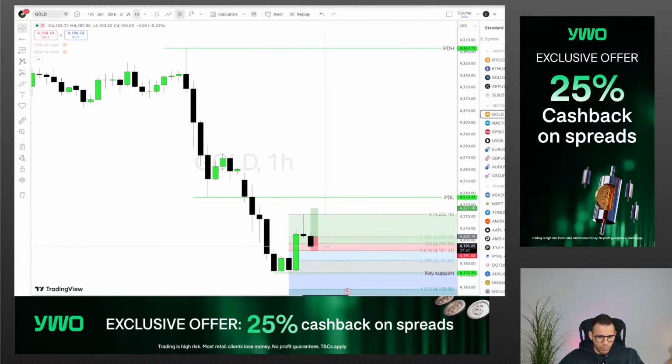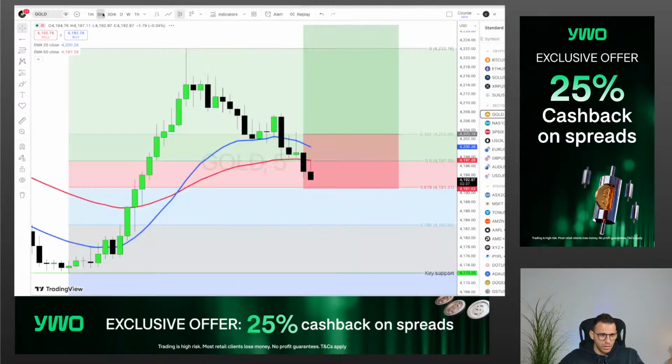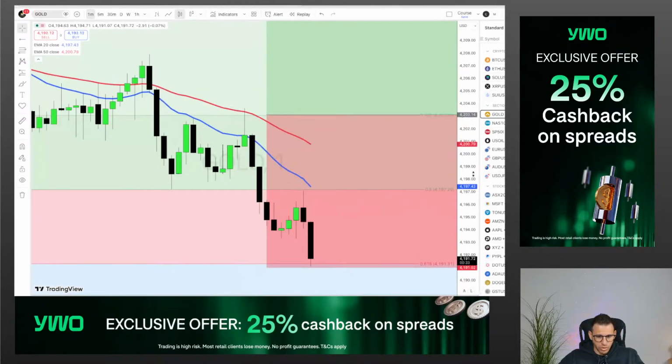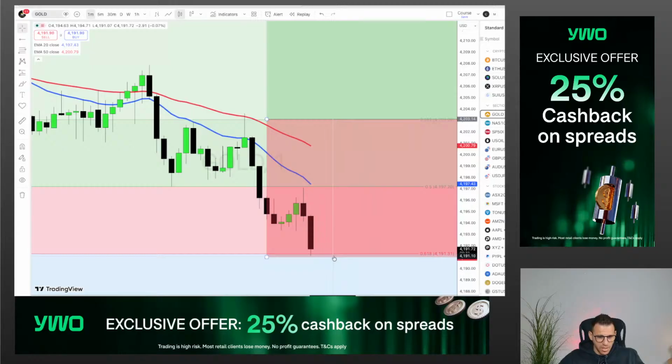Most likely it's gonna hit our stop loss, but if we find a support somewhere here, that will be good. So far gold just touched the 61.8%.